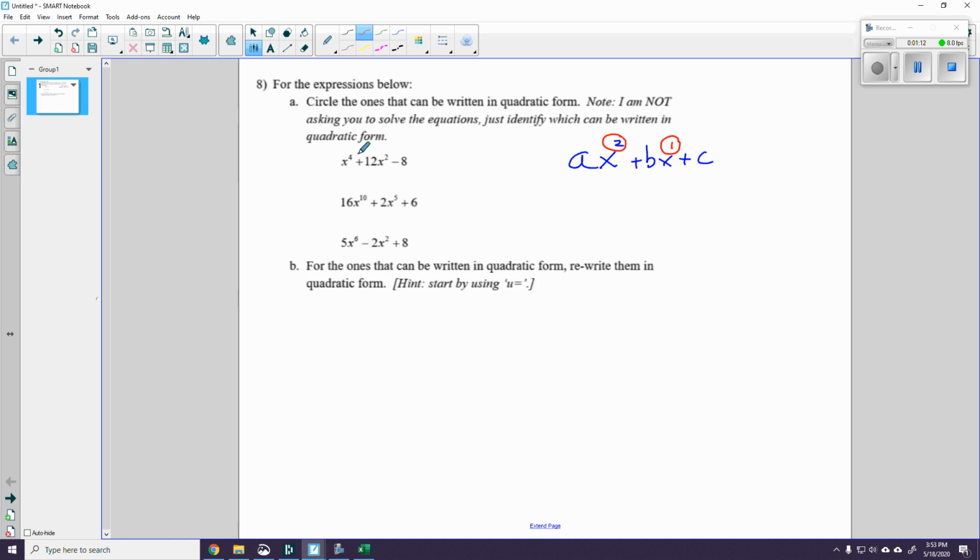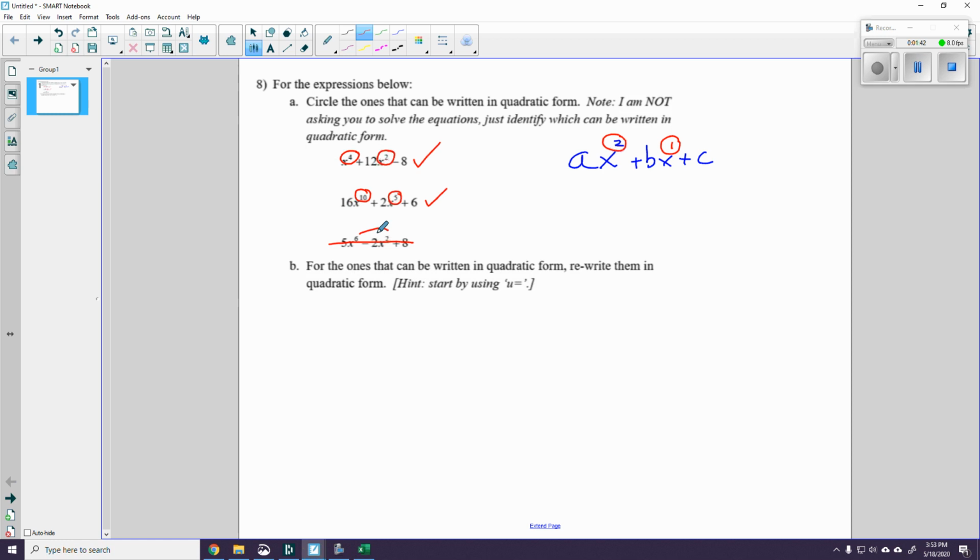Well, 4 is 2 times the middle power 2. So this can be written in quadratic form. 10 is 2 times the middle power of 5. That can also then be written in quadratic form. 6 is 3 times the middle power of 2, so this one cannot be written in quadratic form.